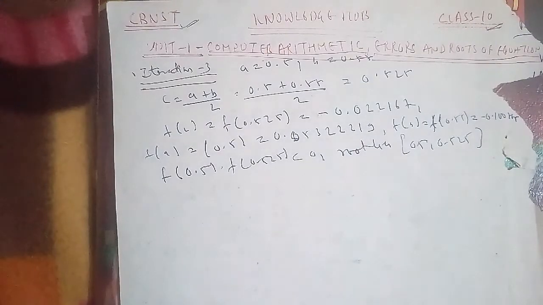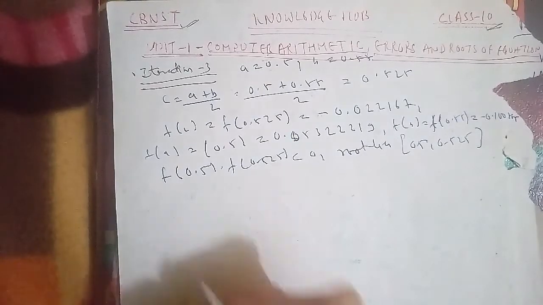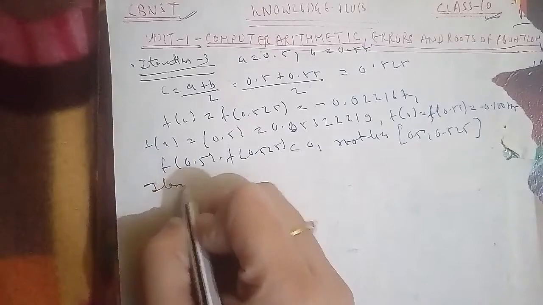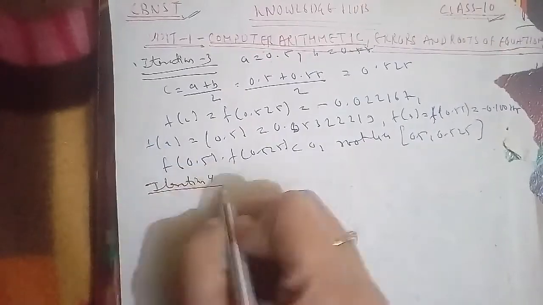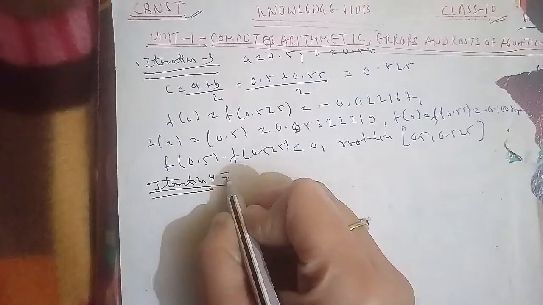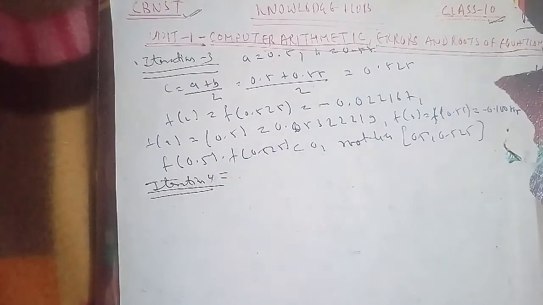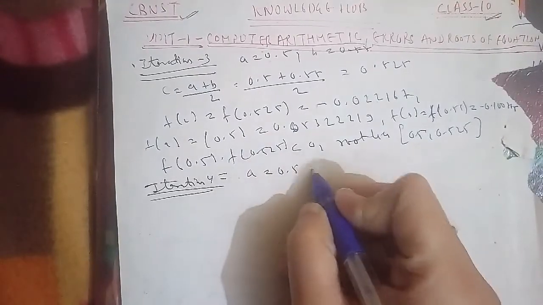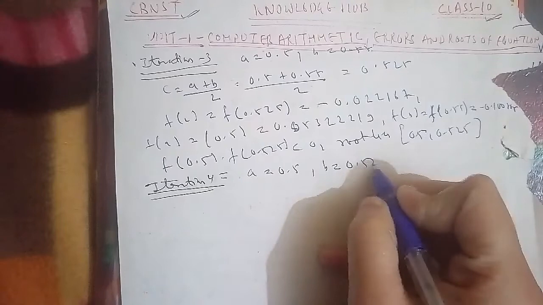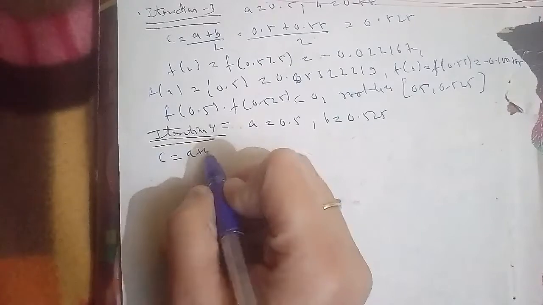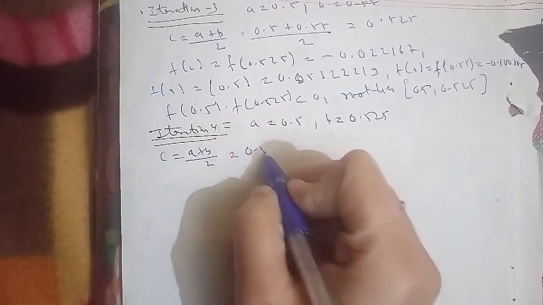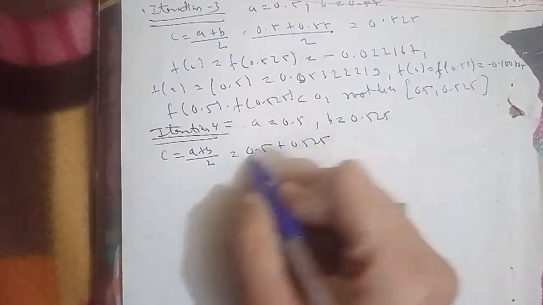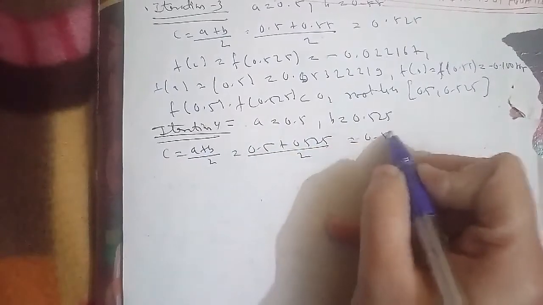Now for iteration 4, which is also important, the new interval is a equals 0.5, b equals 0.525. Hence c equals (a plus b) by 2, which equals (0.5 plus 0.525) by 2 equals 0.5125.